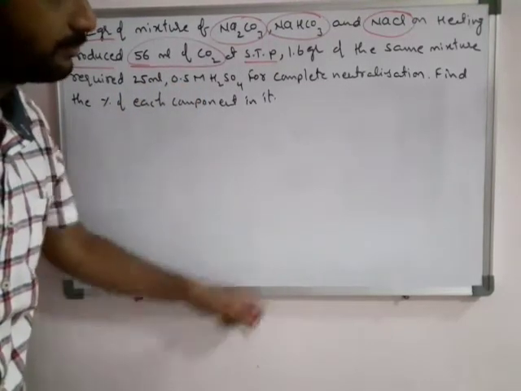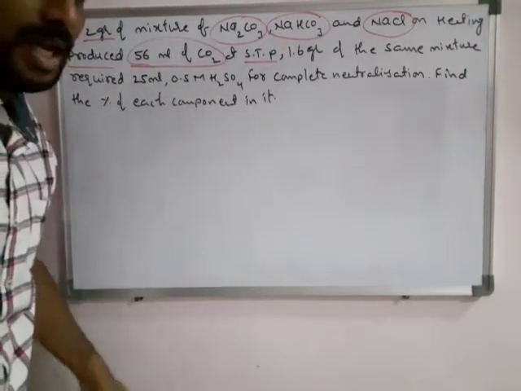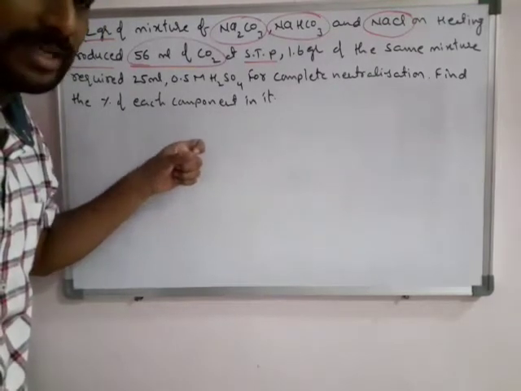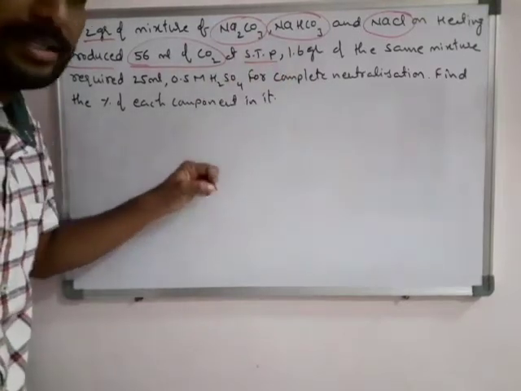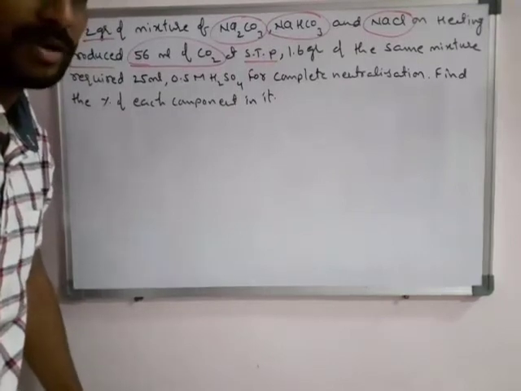We need to find the percentage of each component in it. To find the percentage of each component, first we need to find their weight. We need to find the weight of these 3 components in 1.6 grams, and then find what percentage that is of 1.6.